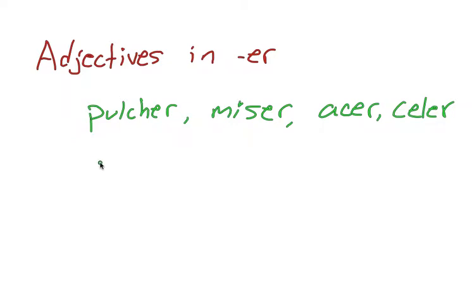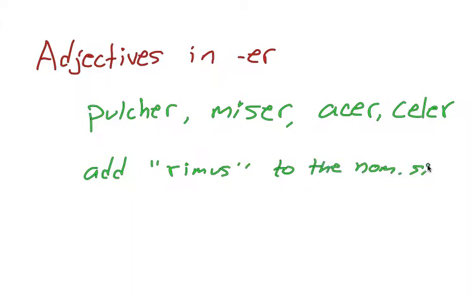Okay, if an adjective ends in ER, then you add rimus to the nominative singular to form the superlative.